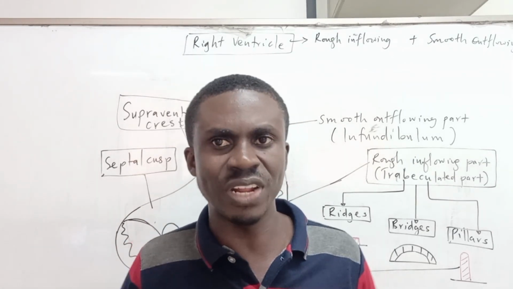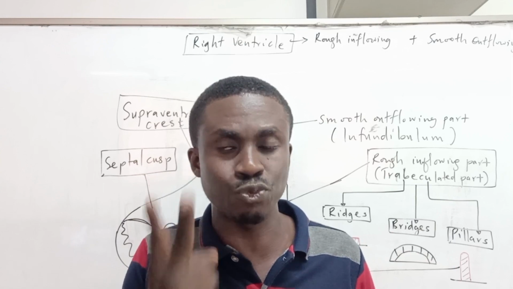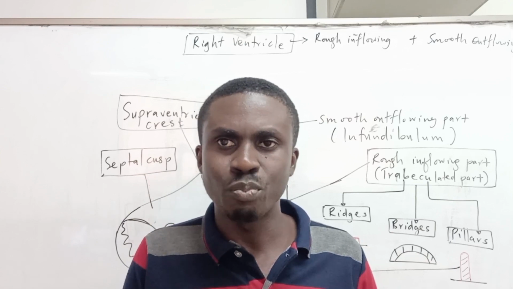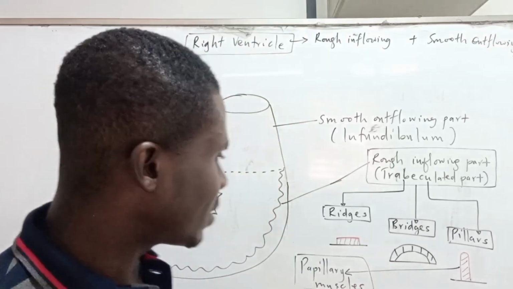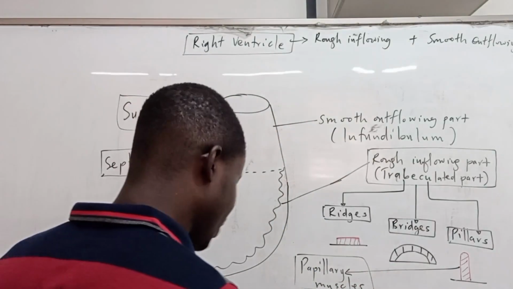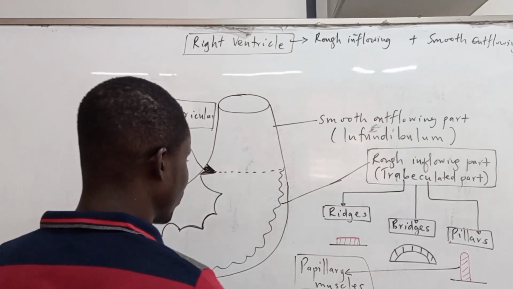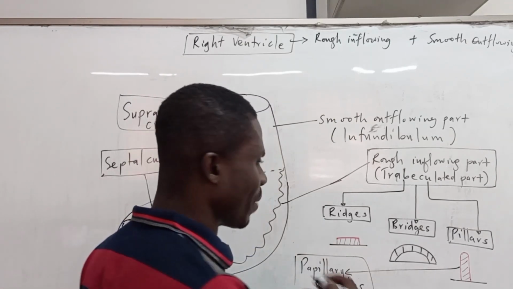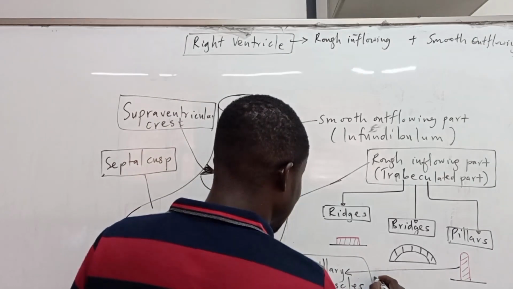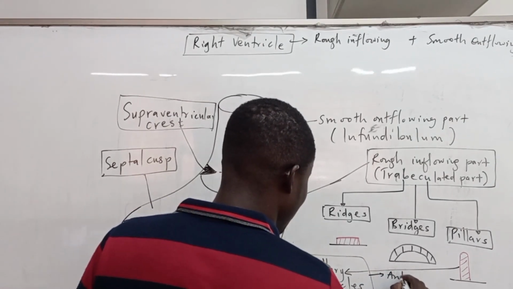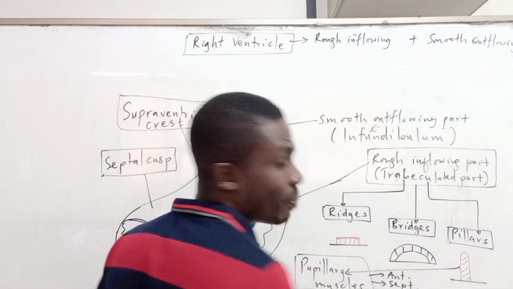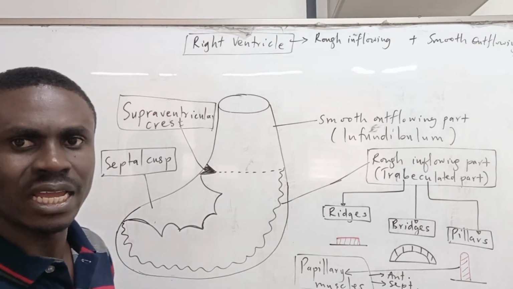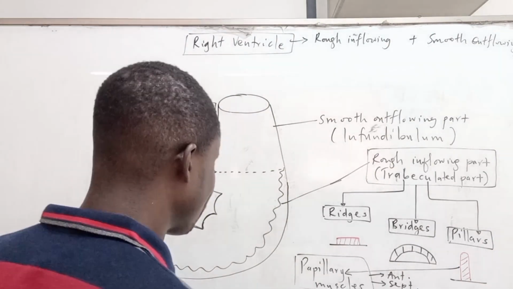In the case of the left ventricle, we are going to have two papillary muscles, because there will be only two cusps there. So in the right ventricle, there will be three papillary muscles, namely the anterior papillary muscle, the septal papillary muscle, and the posterior papillary muscle.